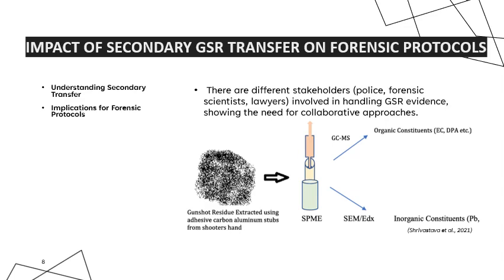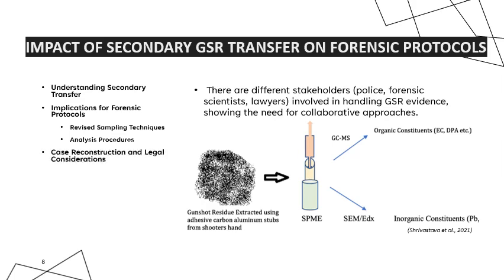Then the analysis procedures. Forensic analysts must consider the possibility of secondary transfer when interpreting gunshot residue findings. This includes assessing the size and the quantity of the particles to differentiate between primary and secondary deposition.